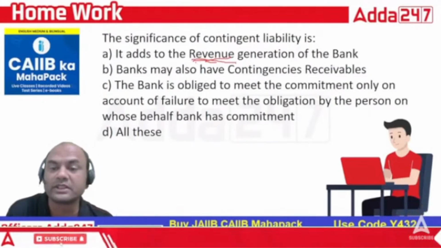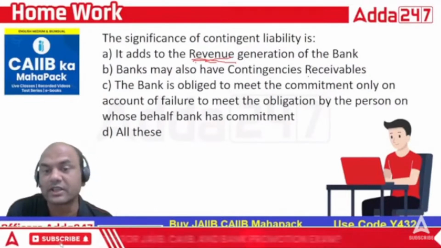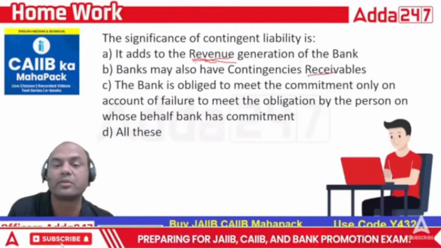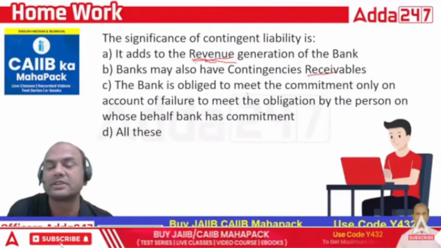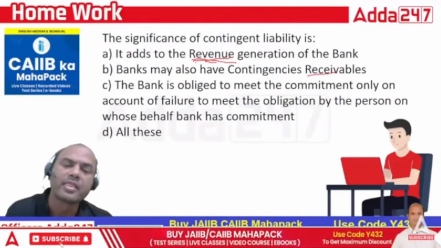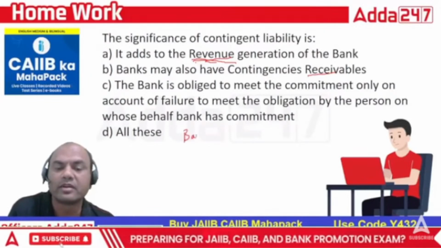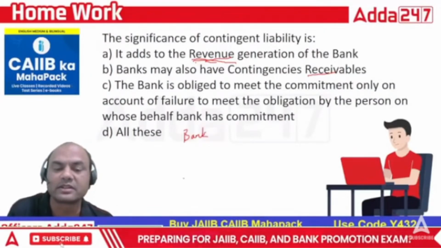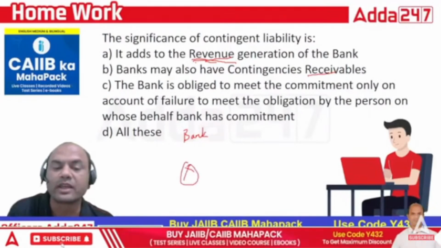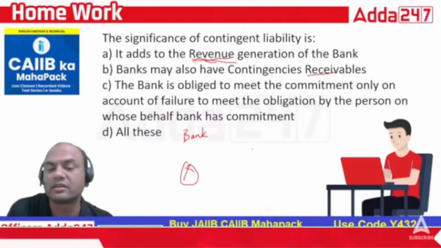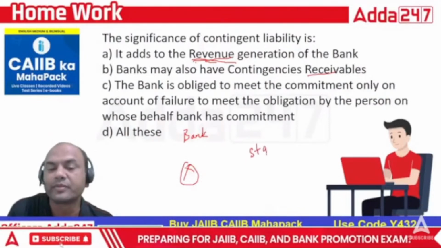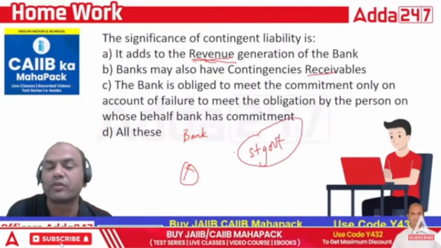Banks can have contingent receivables also. Of course, this can also happen. And the bank is obliged to meet only when that person doesn't perform. Suppose I am the bank, and this is the person, customer X. If I give a guarantee on behalf of this customer to, let's say, the state government, only if this person doesn't perform will I be required to pay.